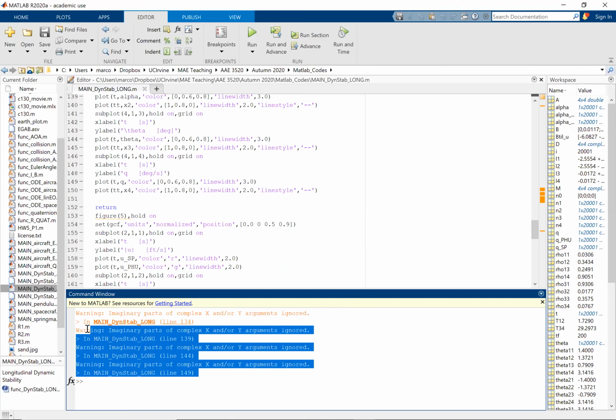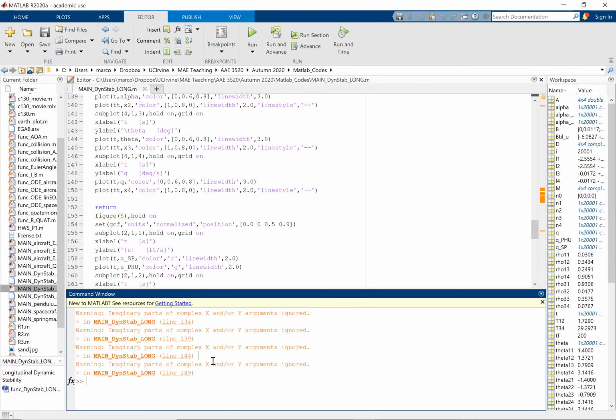Don't worry about these warnings here. That is because when MATLAB is multiplying and adding complex numbers, there are going to be some numerical errors. So although in the end the states should be purely real, they will likely have some imaginary tail. It's very, very small. For example, let's see alpha.